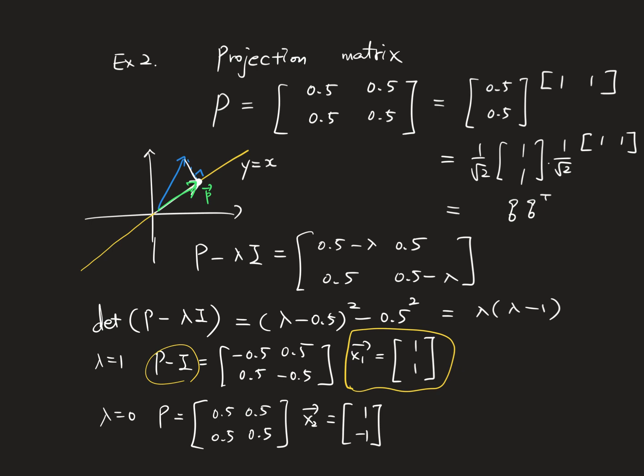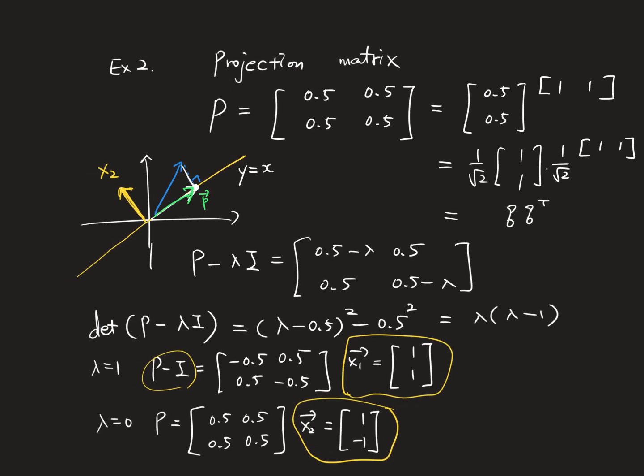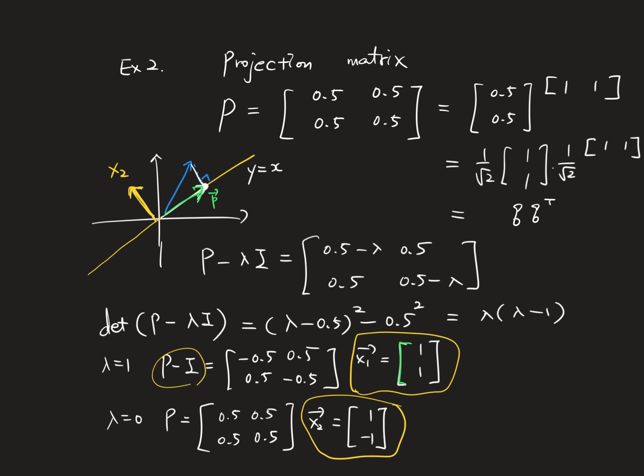So we have two eigenvectors, and when we draw the diagram, this is the x2 direction, and the x1 direction, 1, 1, is this direction.